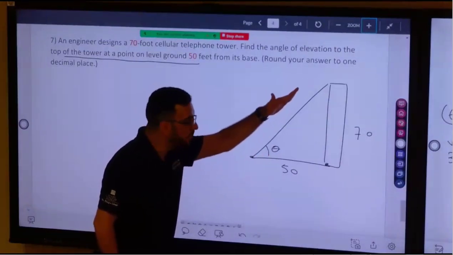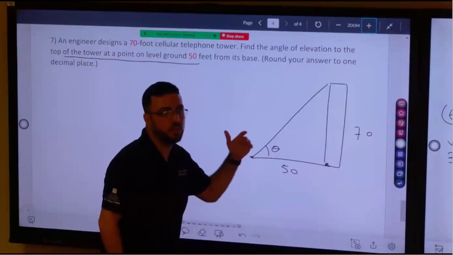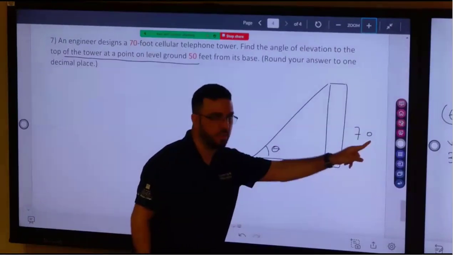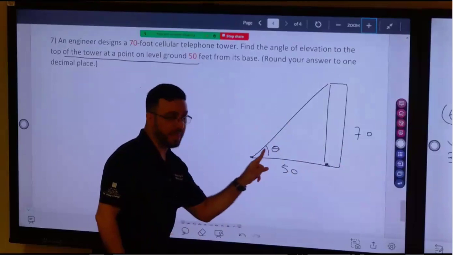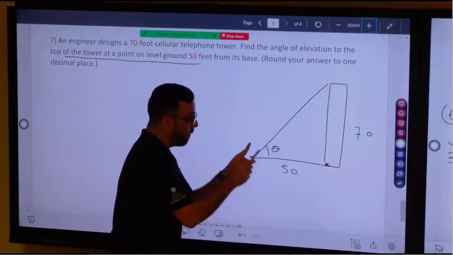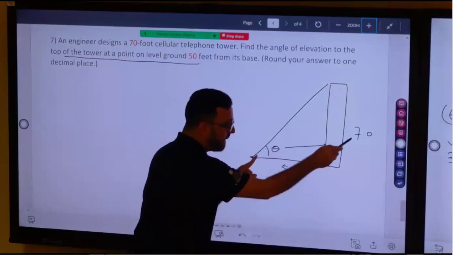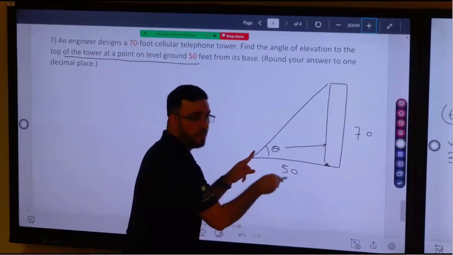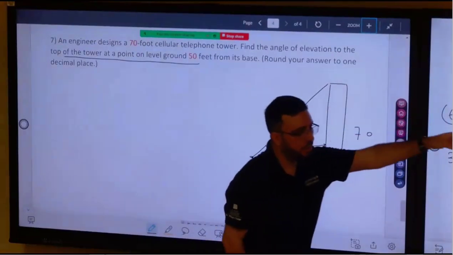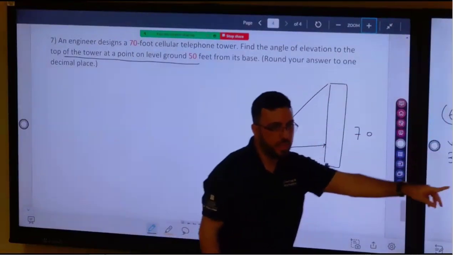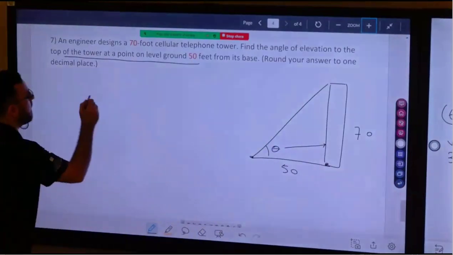If I ask you to find this side, you can use the Pythagorean theorem because you have two sides. But my goal is to find theta. So for theta, I have the opposite, and I have the adjacent. Which trick can we use? Tangent.